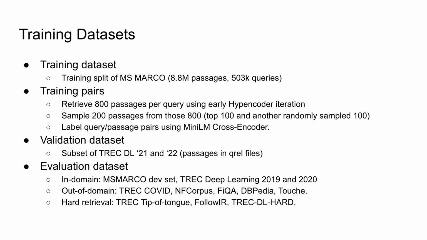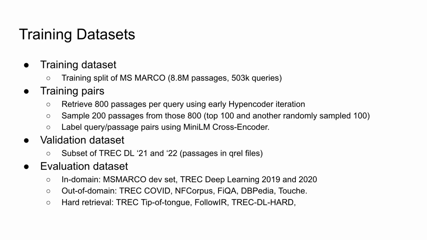Then they sampled 200 passages from those 800, where 100 of those were the top 100 scoring, and then they randomly sampled another 100. And then they labeled query passage pairs using mini-LM cross-encoder, which is a strong model for scoring query passage pairs. So I understood that to be like the distillation aspect of this.